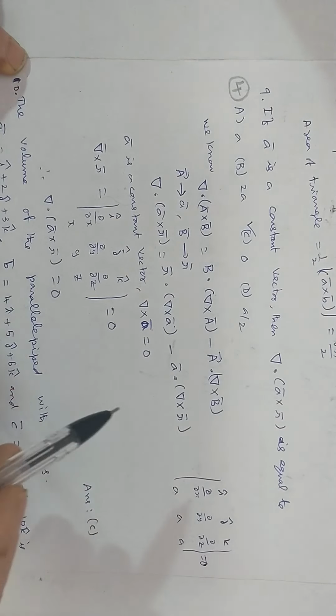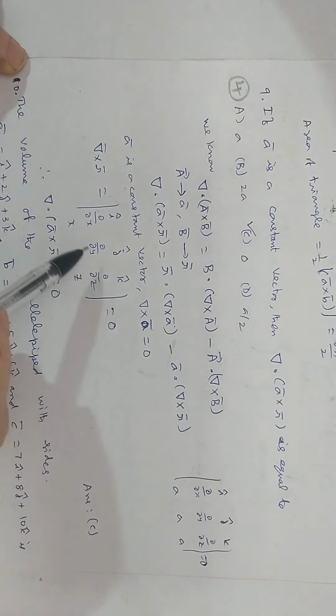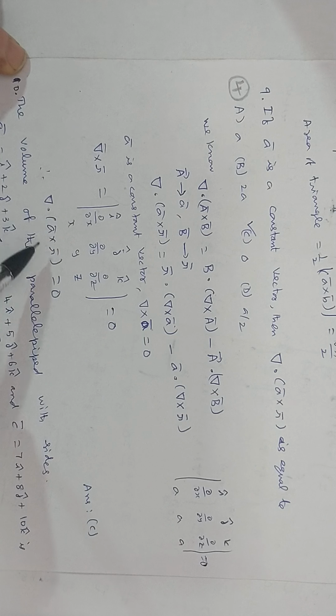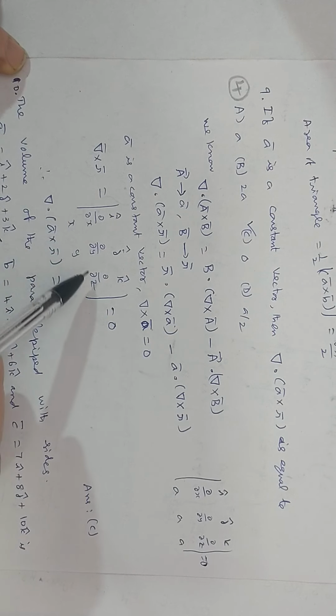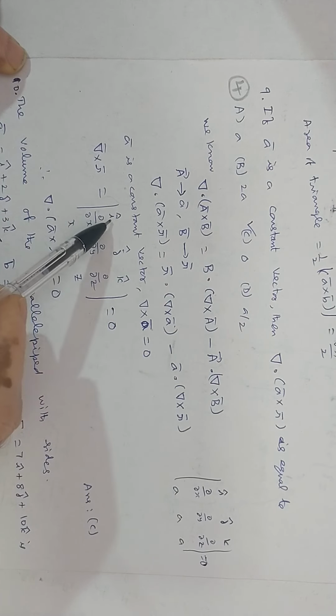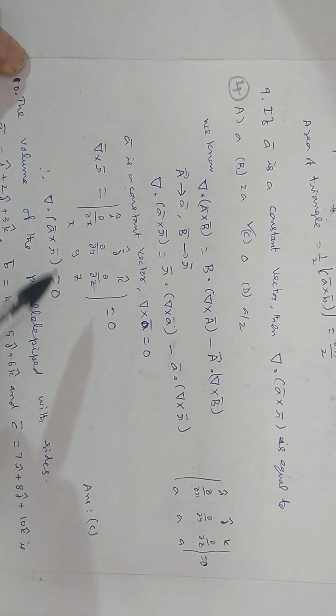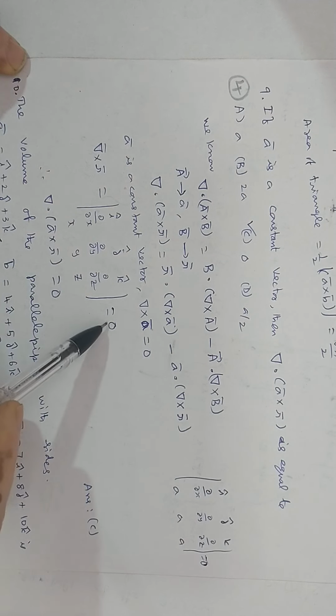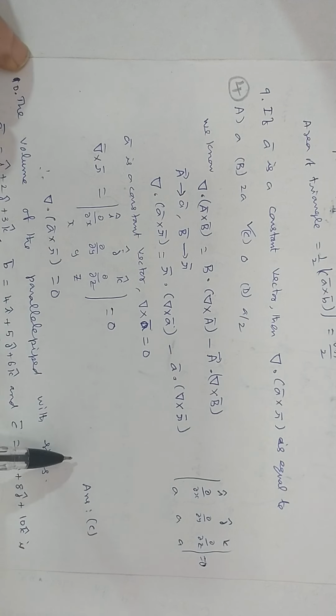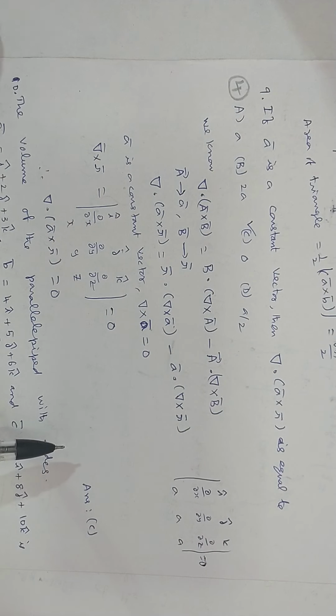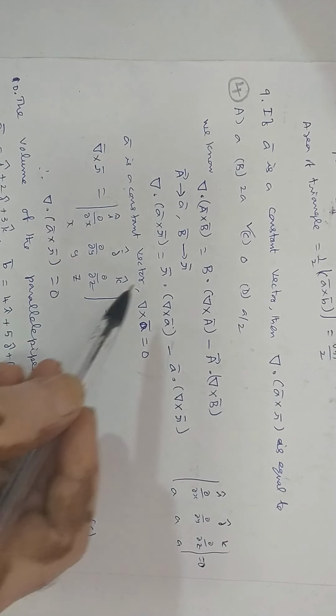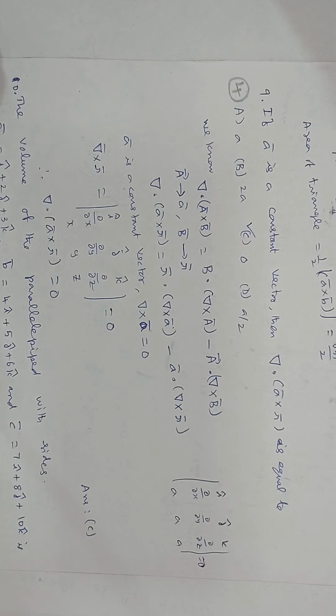And divergence of R, again you find this by using the determinant, and if you evaluate this value, this again will be 0. So divergence of A cross R is found to be 0. So option C is the correct one.